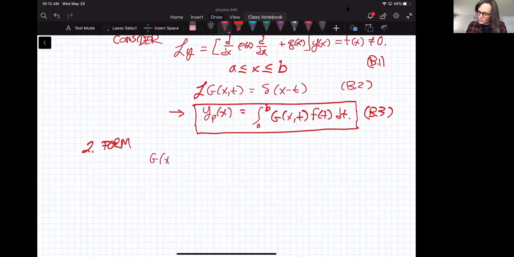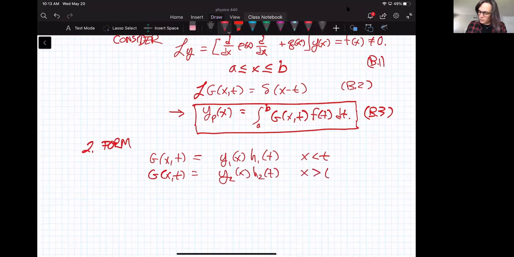G of x and t being equal to some solution y1 of x times a weight h1 of t for x less than t, and g of x t equal to another solution y2 of x times h2 of t for x greater than t.